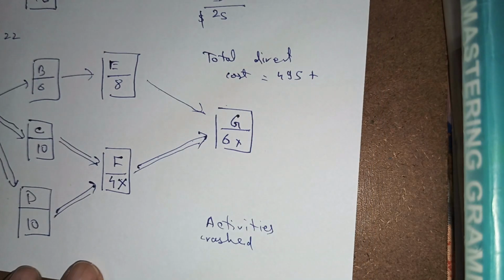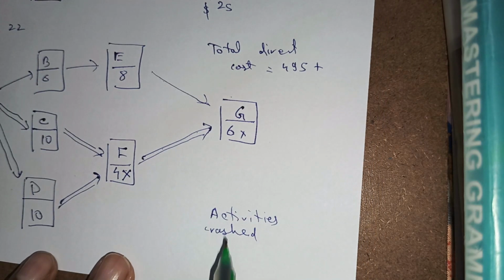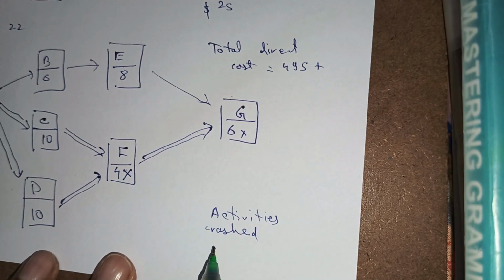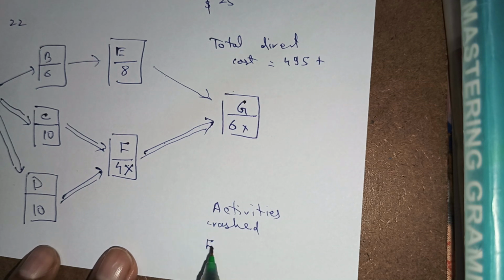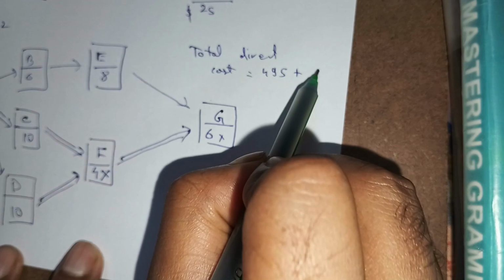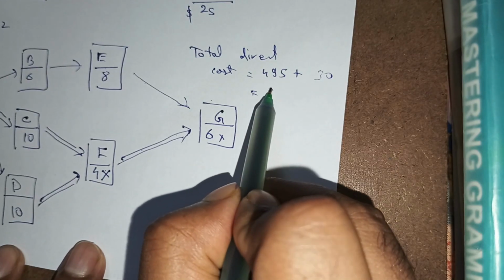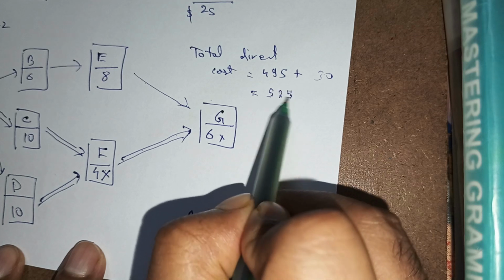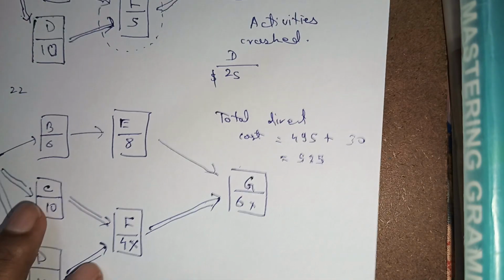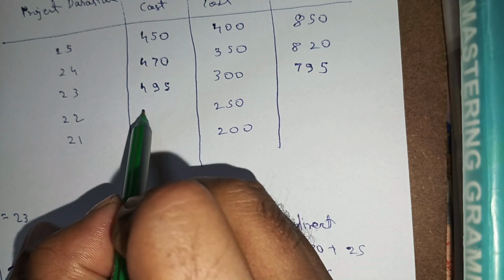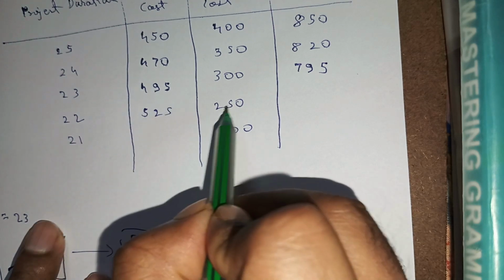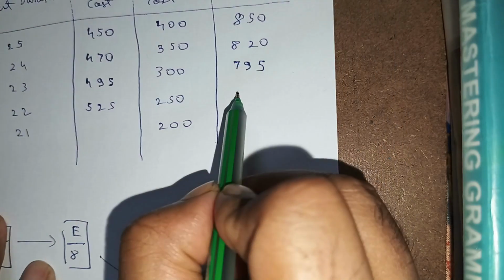Okay, so the activity crashed, we will write F, and the cost is $30. Okay, so here again we'll write 30. So the total cost is 525. Okay, so we'll plot this in as well. 525 plus 250, it is 775.